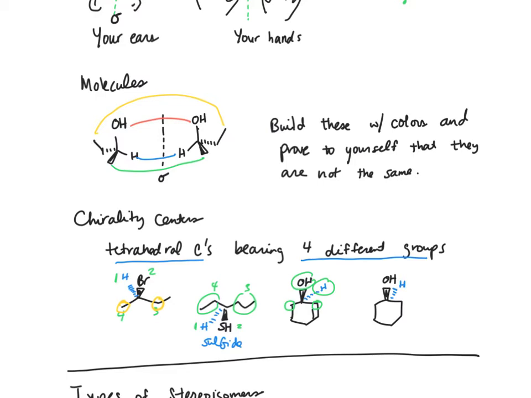But when we look for chiral centers, notice that we've got one half of the ring going around the molecule, and then the other half of the ring going around the molecule. And these are the same. This molecule is symmetric, so this is not a chiral molecule.